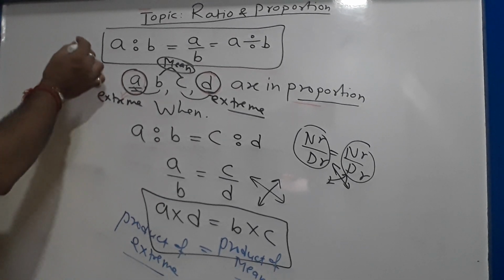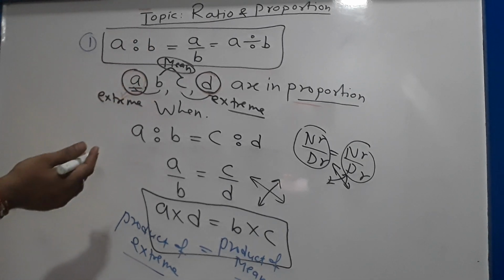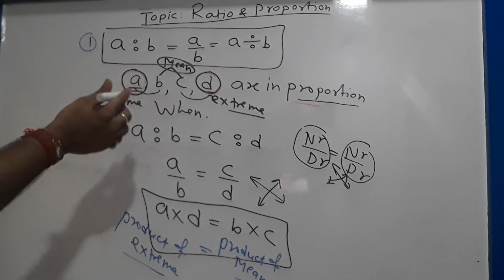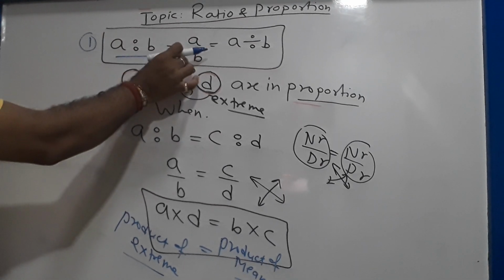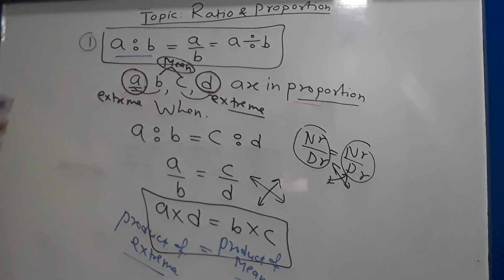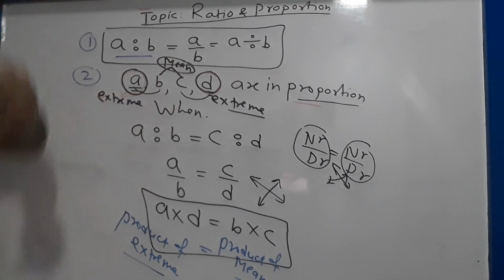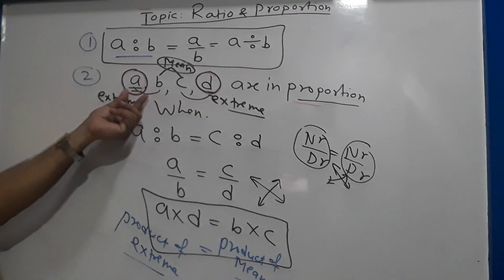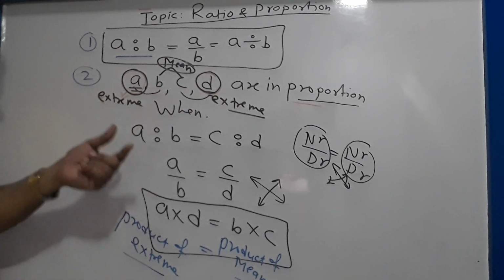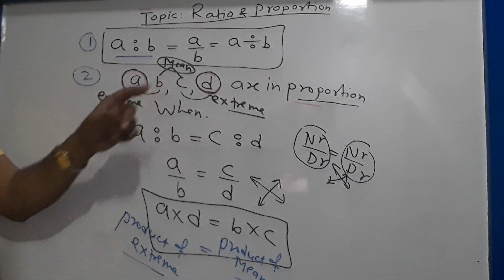First we have seen the definition of A ratio B. A ratio B means A upon B or A divided by B, or A is to B. Then the second definition: A, B, C, D are four numbers in proportion. If they are in proportion, then the condition that holds true is that product of extremes A into D is equal to B into C.